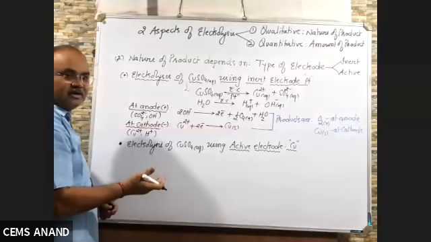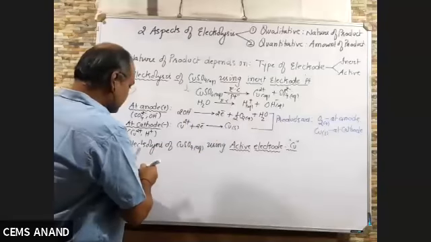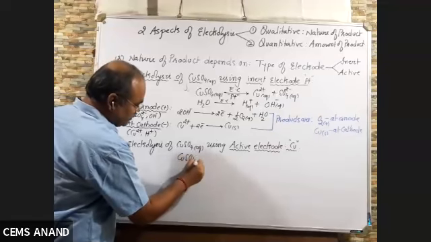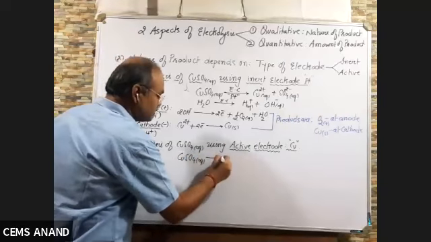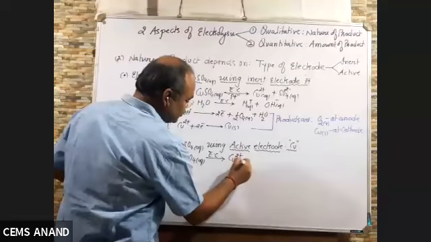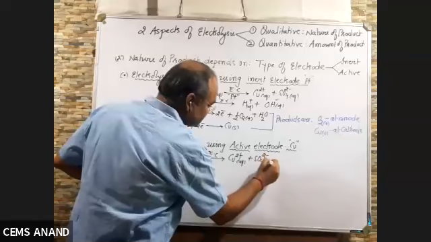An active electrode is one which itself undergoes oxidation, we know. So what will happen here? On electrolysis of aqueous CuSO4, by passing electric current, we get Cu2+ aqueous plus SO4 2- aqueous.